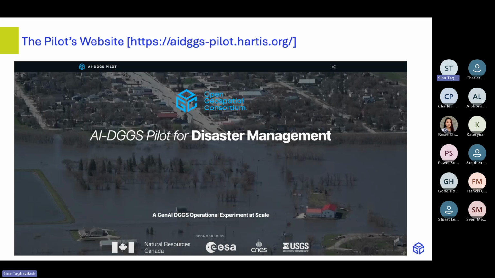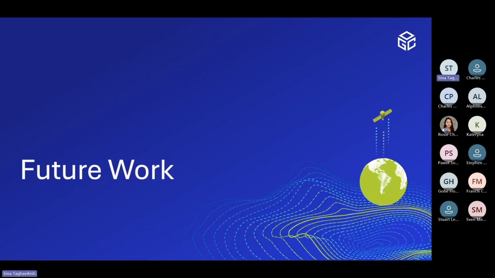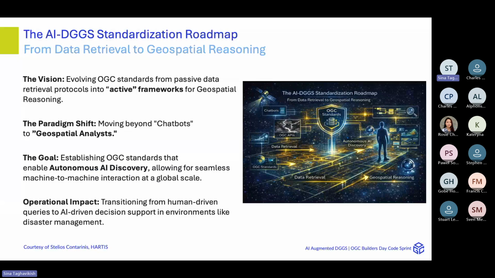Sorry. Yes. Okay. So now focusing on the future work. What we figured is that Ai-DGGS does need a standardization roadmap. That was one of the highlights. The vision is that we have to evolve OGC standards from passive data retrieval protocols into active frameworks for geospatial reasoning.